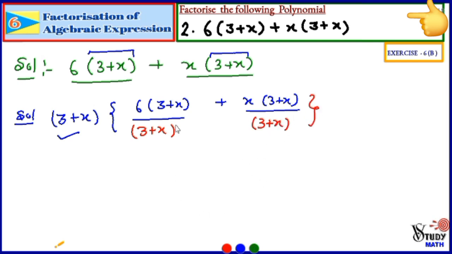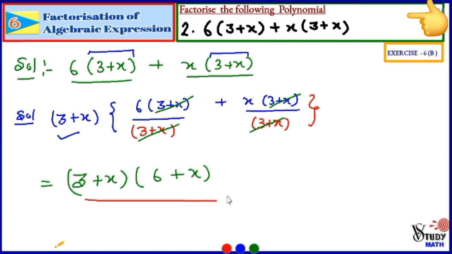Now my dear students, this is in the denominator and this is in the denominator. The same binomial in numerator and denominator, so they will cancel out each other. And after cancelling, what remains in the curly bracket is 6 + x, and this is the final answer of this problem. I hope you understand this problem very well.